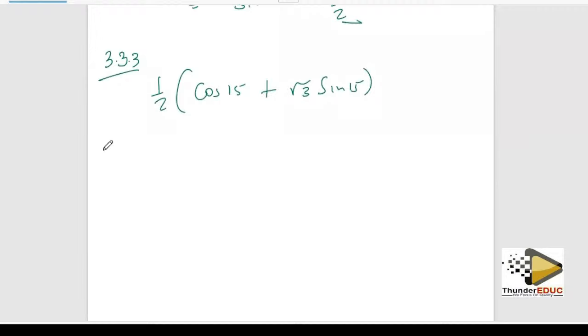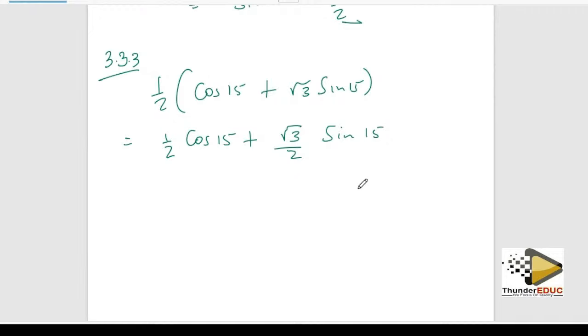What I'm going to do is open this up so that I have a half cos of 15 plus root 3 over 2 sine of 15. I'm going to take my chances and see if I get something.